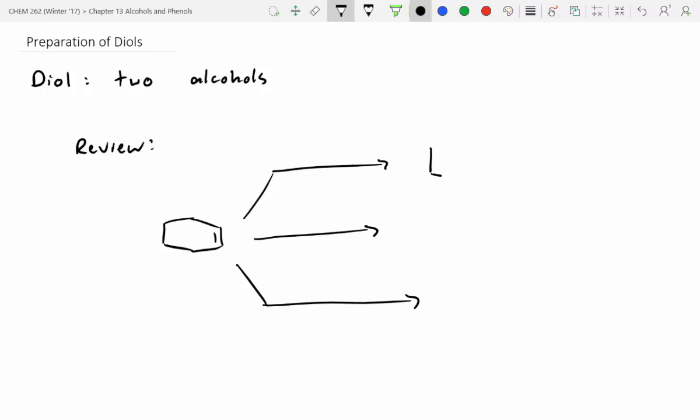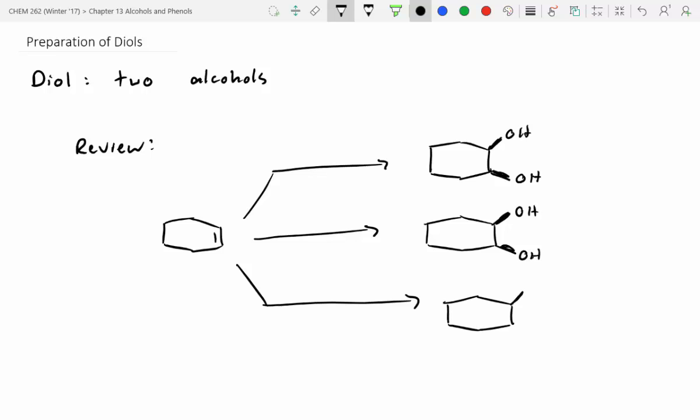We have two ways of making syn diols, which in this case would give us a meso compound. And then we've got one way of making an anti diol, which would give us a set of enantiomers, so I'll write plus en.